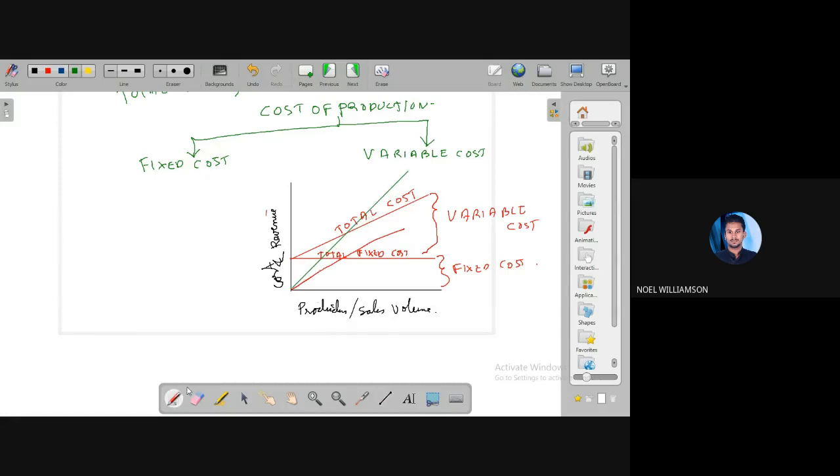This is the total revenue, the amount we receive by selling this product.